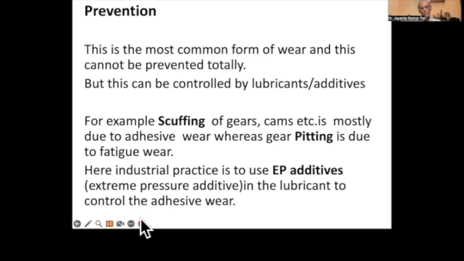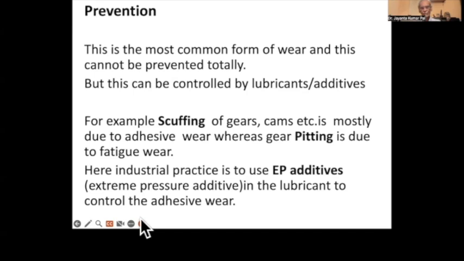Actually, EP means extreme pressure, but that gives rise to extreme temperature. So the EP additives allow the lubricant to be active up to high temperature. Usually chlorides and sulfides are used, which are formed at high temperature, say 200 degrees centigrade, and they will last up to 1000 degrees centigrade or more.